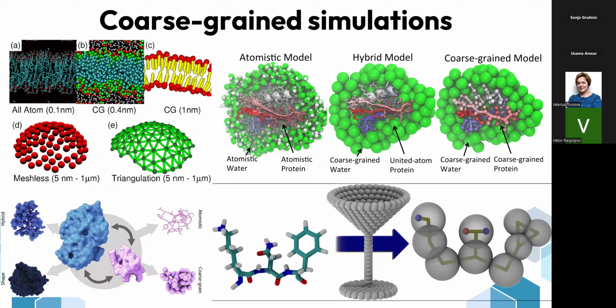Coarse-grained simulations in their turn also were informative for predicting drug protein systems. These methods reduce system complexity by grouping the atoms into larger bits. And this enables simulation of bigger assemblies and longer time scales relevant for drug delivery nanocarriers, like, for example, lipid-based nanocarriers, which are liposomes or protein aggregates.